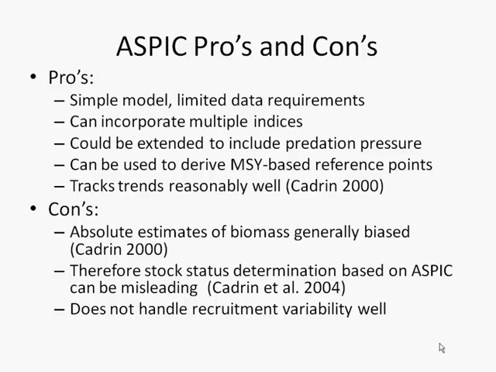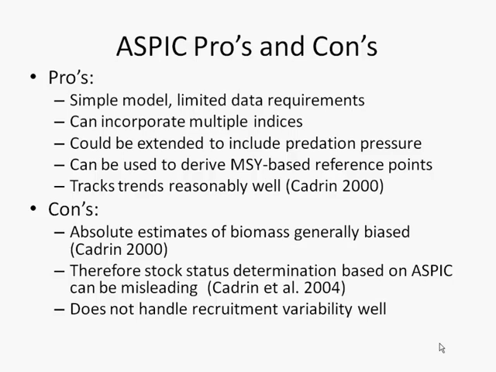According to work that Steve Cadrin did in about the millennium, it does a reasonably good job of tracking trends in the biomass. However, there are some pretty significant cons, and a big one is that the absolute estimates of biomass, even though they track the trends well, tend to be fairly biased. In other words, they're not telling us the true level of the population.